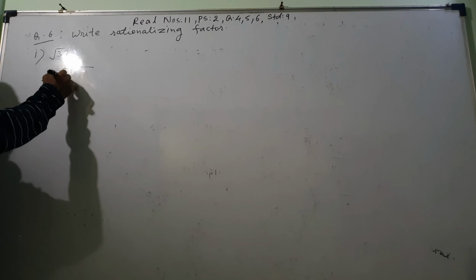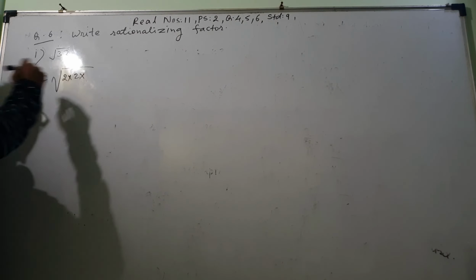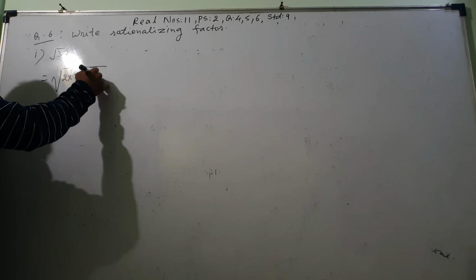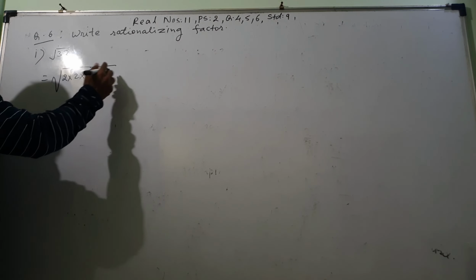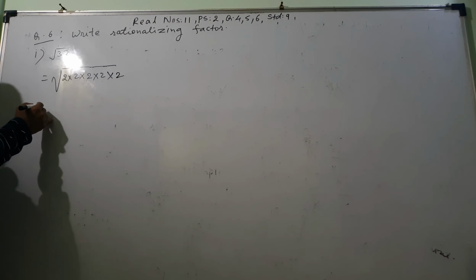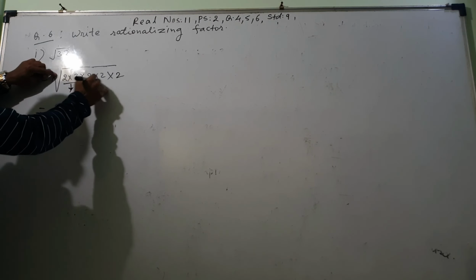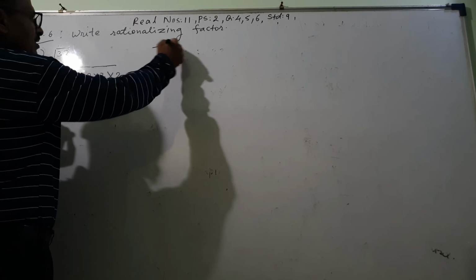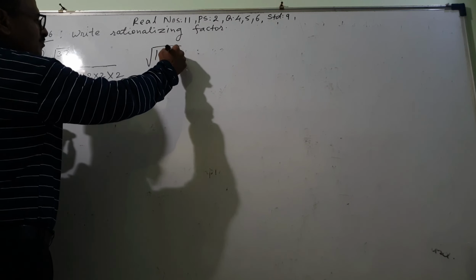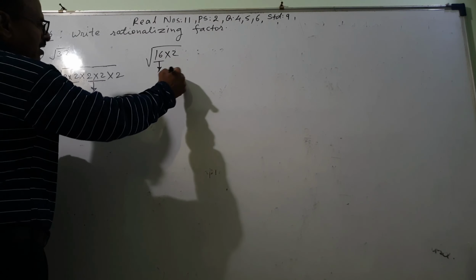So this I will write as 2 into 2 into 2 into 2 into 2, 2 to the 4, 4 to the 8, 8 to the 16, 16 to the 32. So make the group of 2, make the group of 2. Somebody would have written like this, 16 into 2, and the root of this will be 4 under root 2.